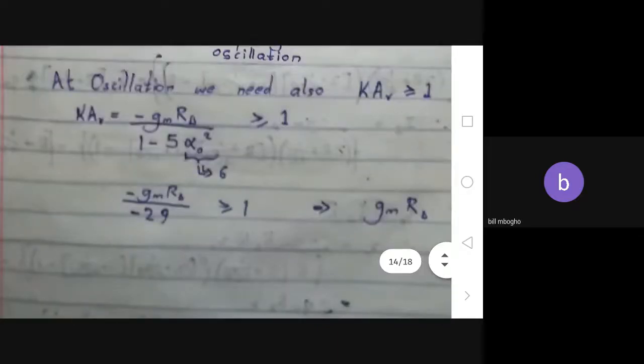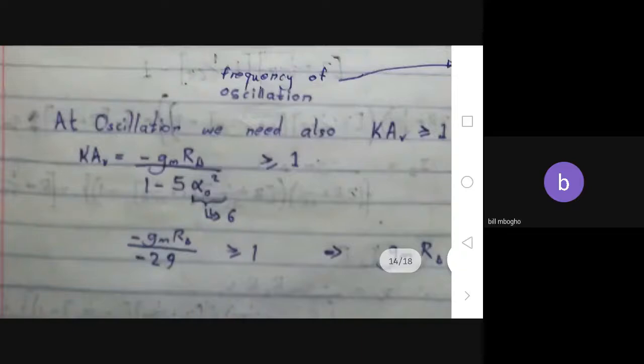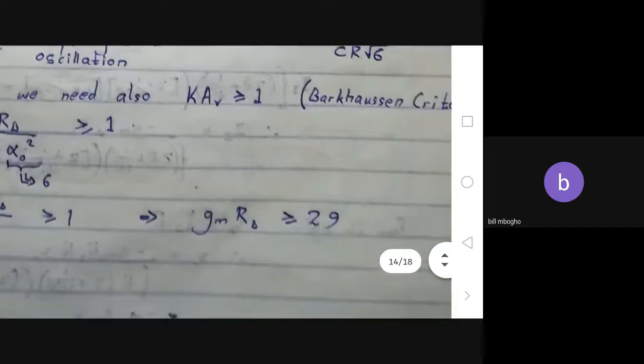And after you replace it there, alpha naught squared becomes 6, sorry, and this is the equation you get, which has to be greater than or equal to 1. Again, the second condition for oscillation. So the end becomes your gm RD must be greater than or equal to 29.